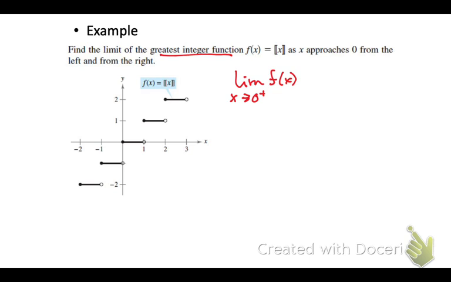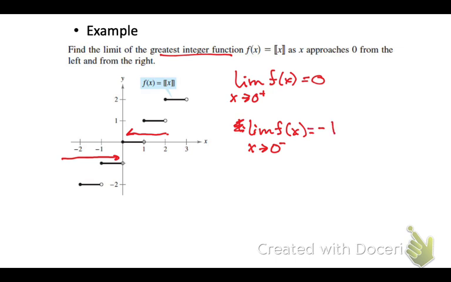Would it be 0? Okay, so 0 from the right. So I'm approaching 0 from the right. I get what? 0. And from the left. The limit of f of x as x approaches 0 from the left is what?